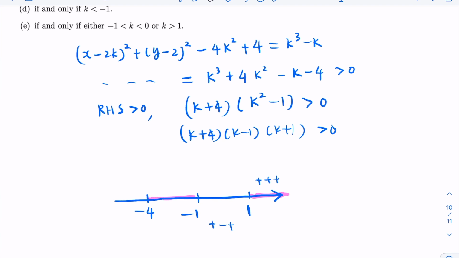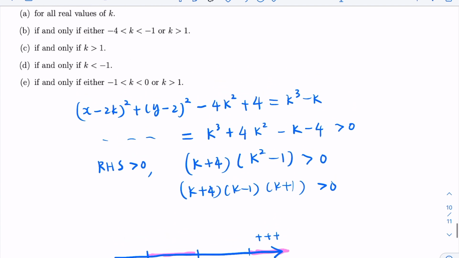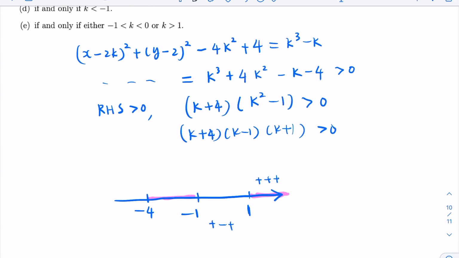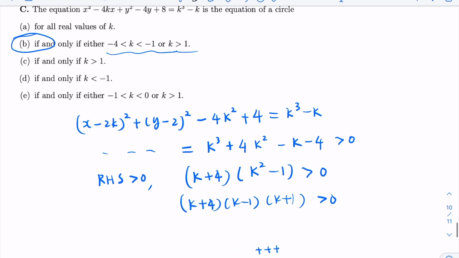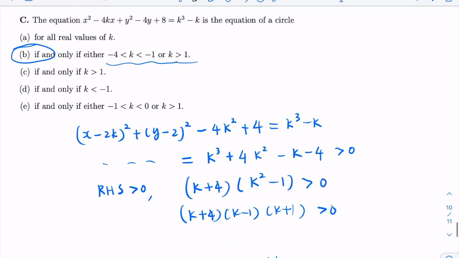So the answer in this case is B. Yeah, so either in the highlighted interval here, right? So that's the answer, all right, for problem 3.